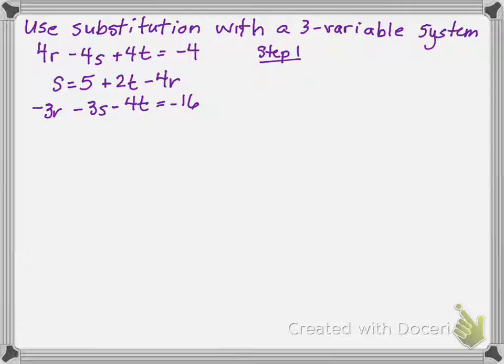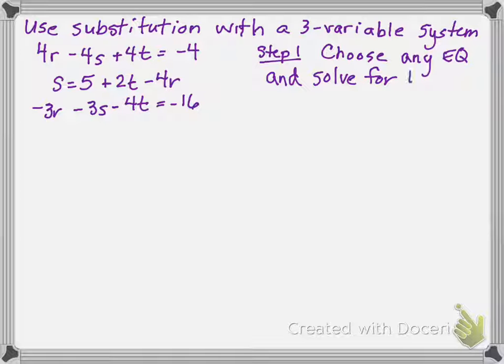Step 1 is choose any equation and solve for one variable. Just for convenience sake, I'm going to label these equations so that we can keep track of where we are.